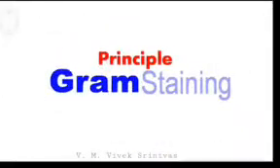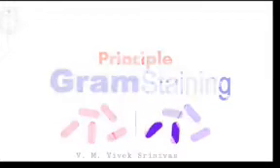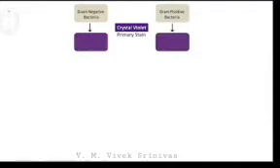Moving to the next, let's look at the principle of Gram staining techniques. For Gram-negative and Gram-positive bacteria, we are going to make use of some chemicals. First, we stain both with crystal violet, which gives a violet color.